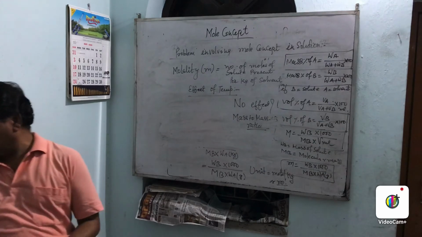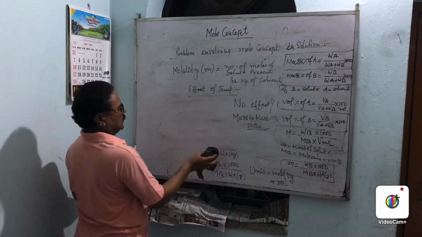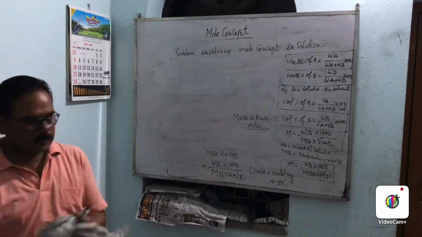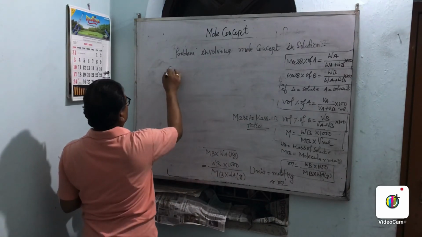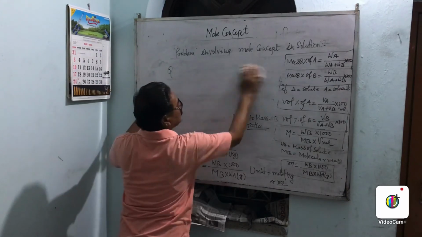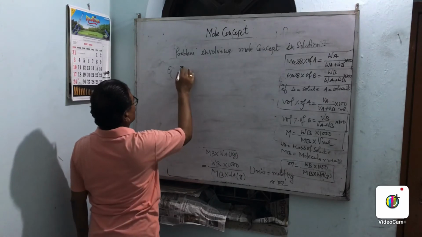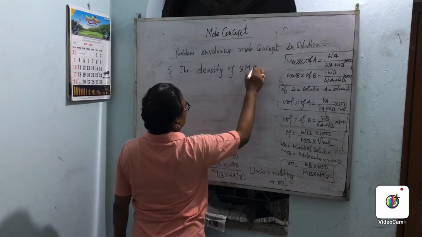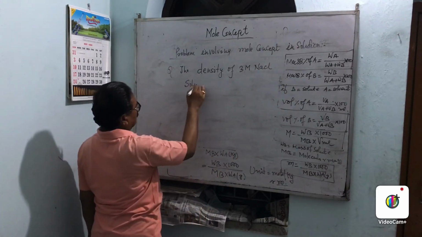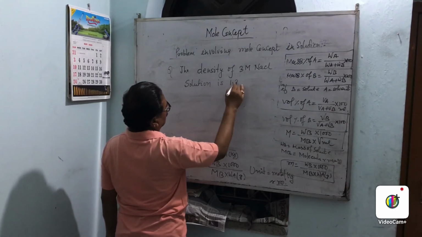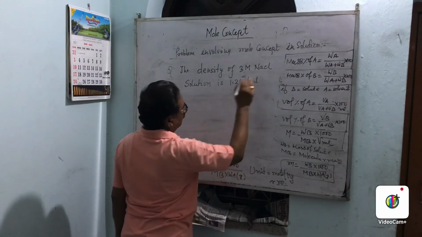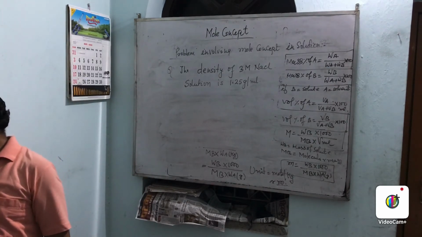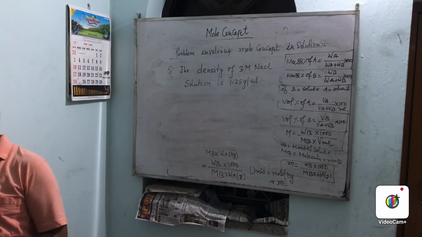Problem: the density of 3m solution of NaCl is 1.25 gram per milliliter.